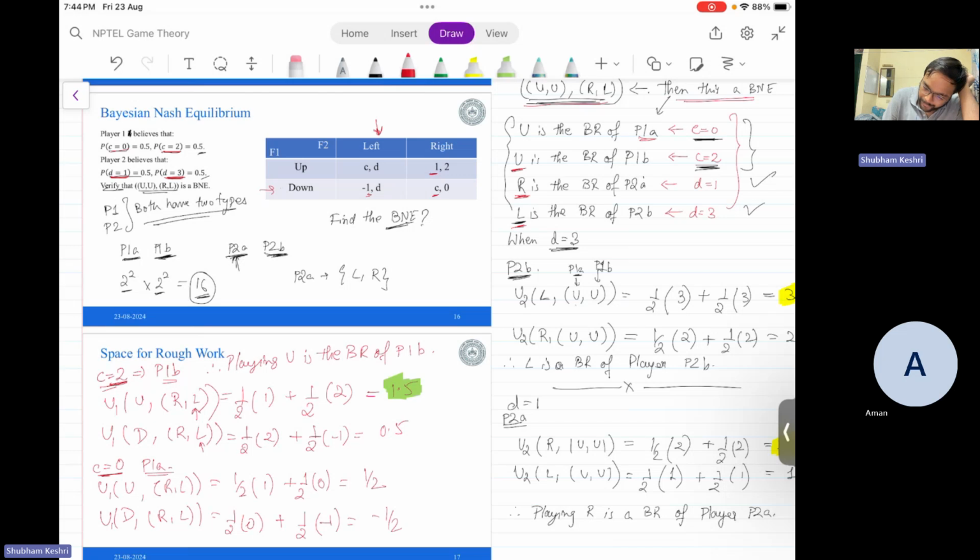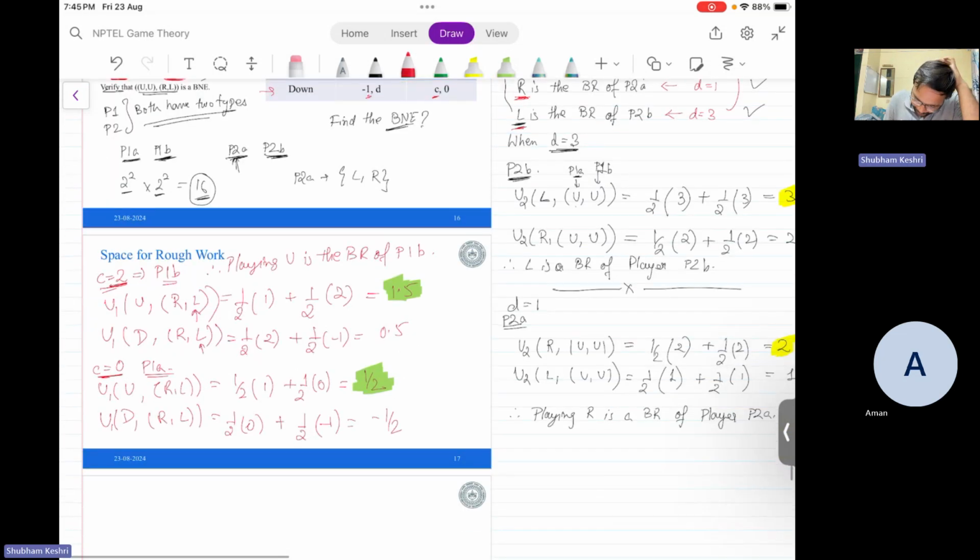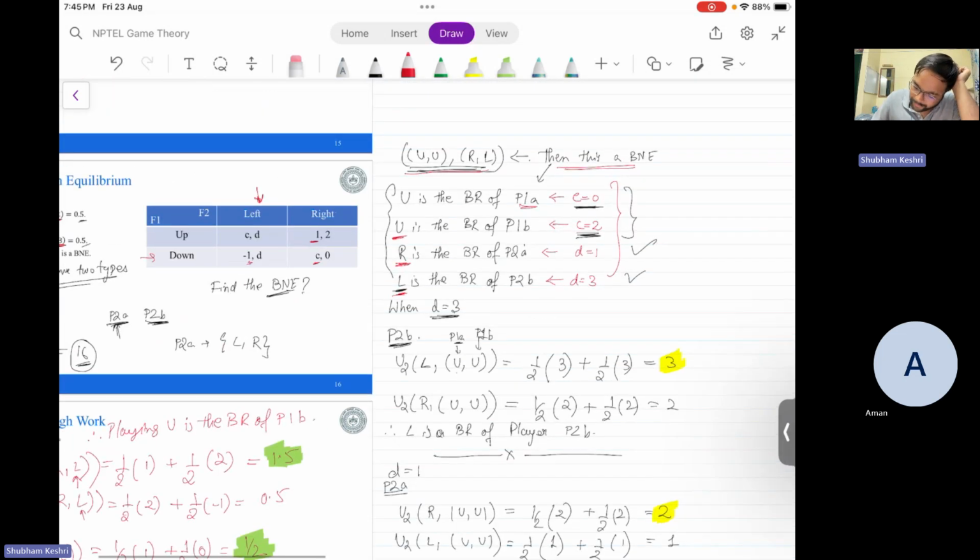So you see, playing U for player 1A is also a best response. So I'll write this over here again: playing U is a best response of player 1A. Therefore, this is also correct and this is also correct.